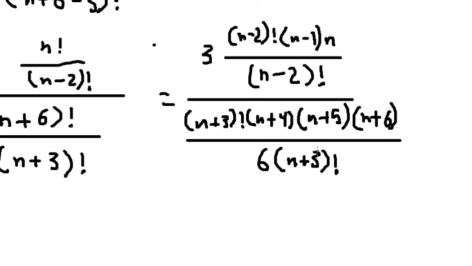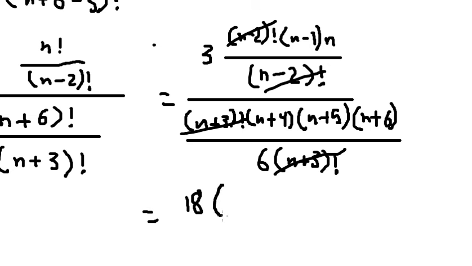Now we need to simplify. And now 3 divided by 6. So, 6 will go in here because this is in the denominator of another denominator. So 6 go in here and we have 18.